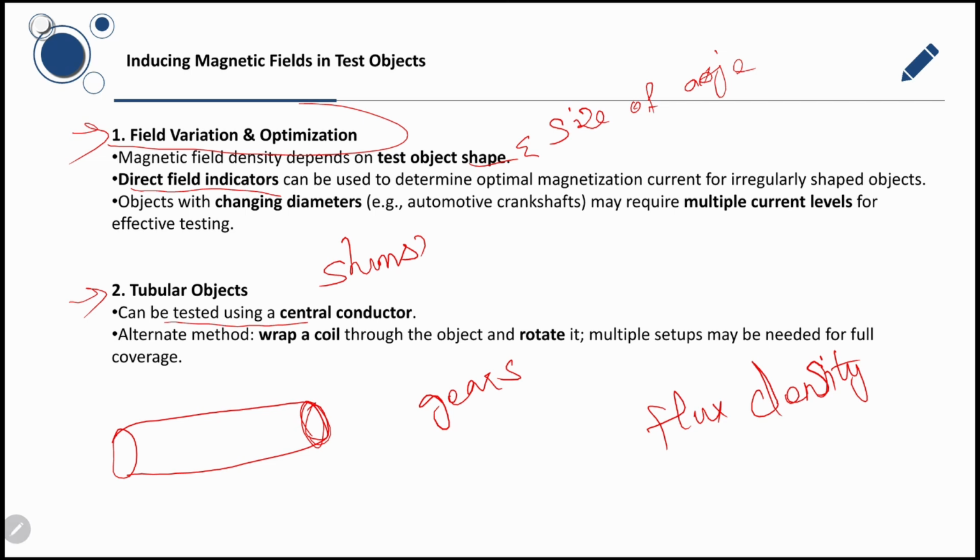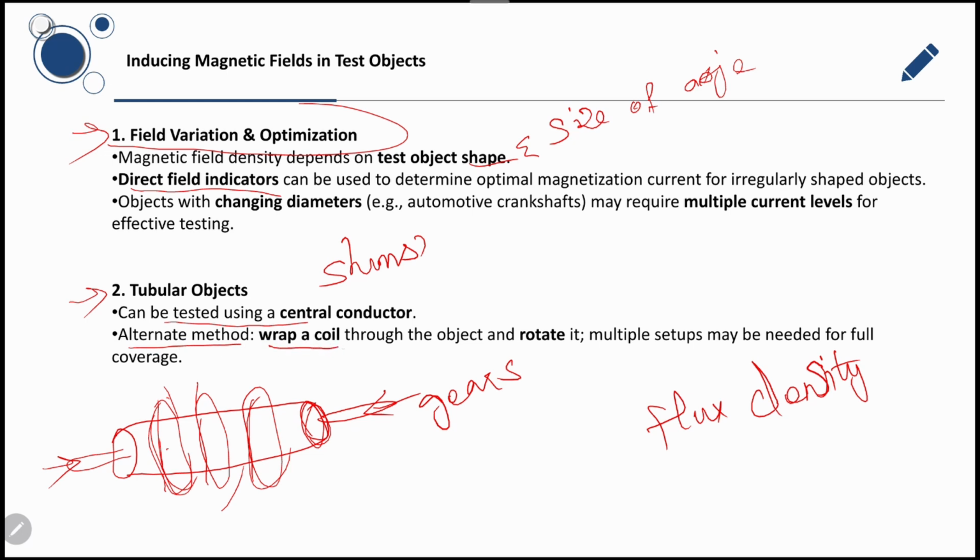When current flows, it creates a circular magnetised field in the walls of the tube. This is the tube and this is the central conductor. We pass the current through the conductor and here circular magnetic fields are created. This is very effective for detecting discontinuities on the inside and outside surfaces.